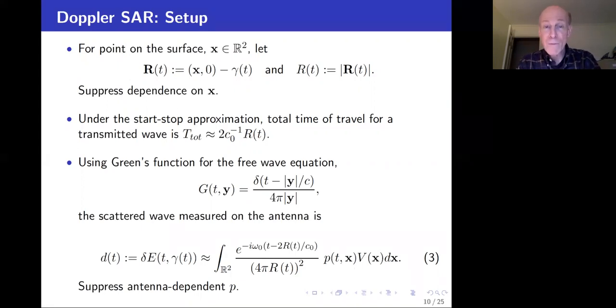So for example, if you were beamforming, that would appear there, right? We will basically ignore that. And then the important thing is the oscillatory term in front. And then the spread factor on the bottom there, the 1 over 4 pi r of t squared, for our purposes, is really a smoothly varying function. It doesn't have oscillation in it. And so that too will be absorbed into the ultimate amplitude of our FIO.